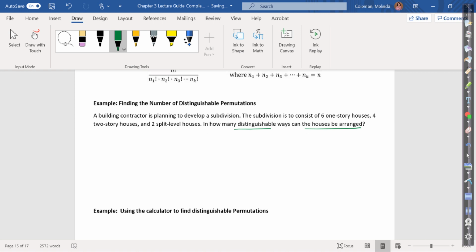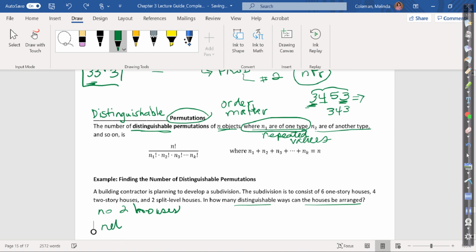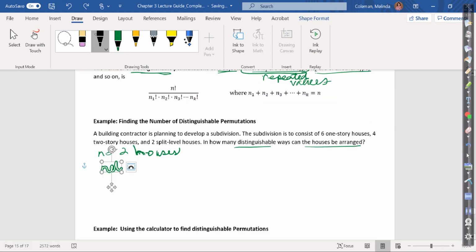Basically, no 2 houses next to each other.